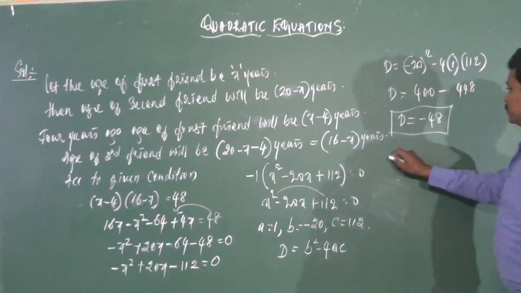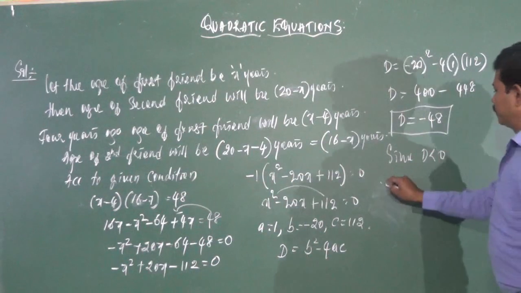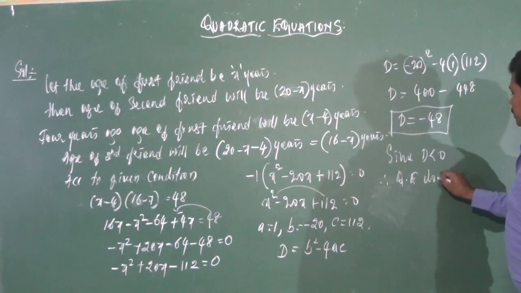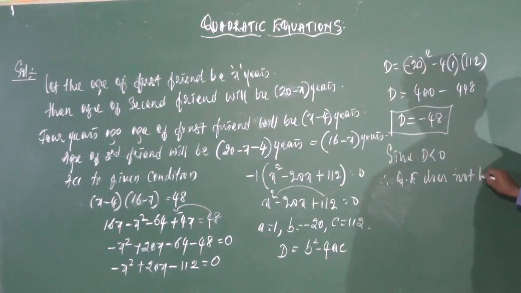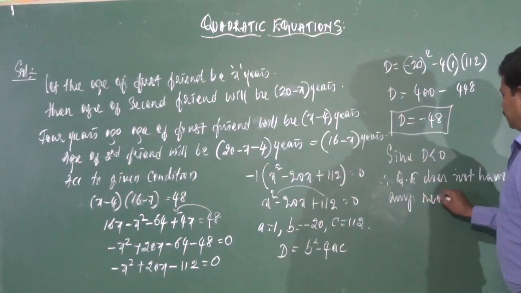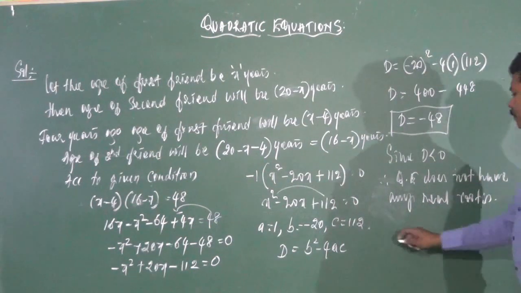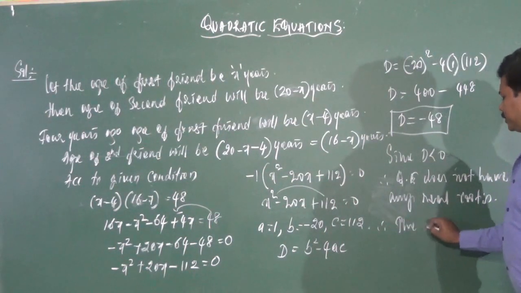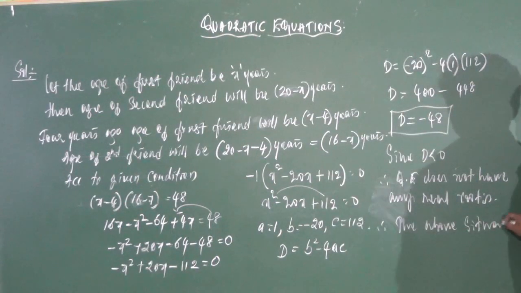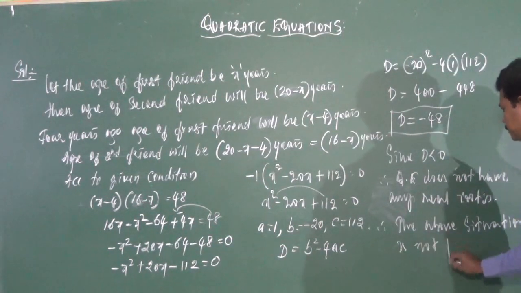Since D is less than 0, therefore the quadratic equation does not have any real roots. So therefore the above situation is not possible.